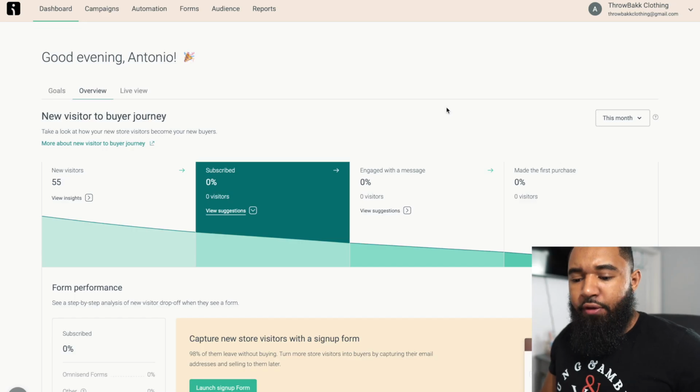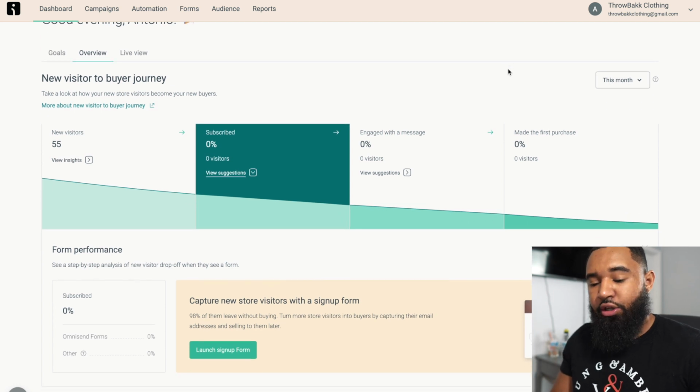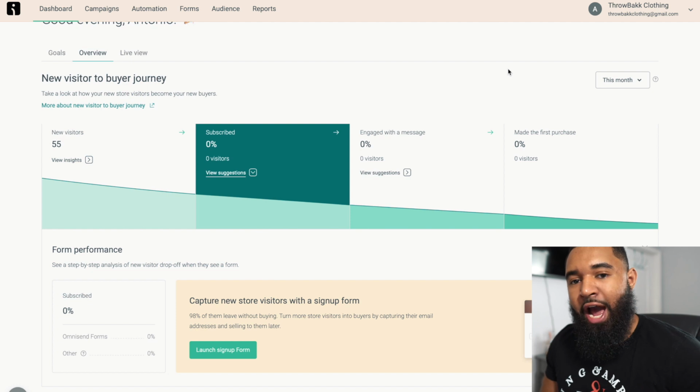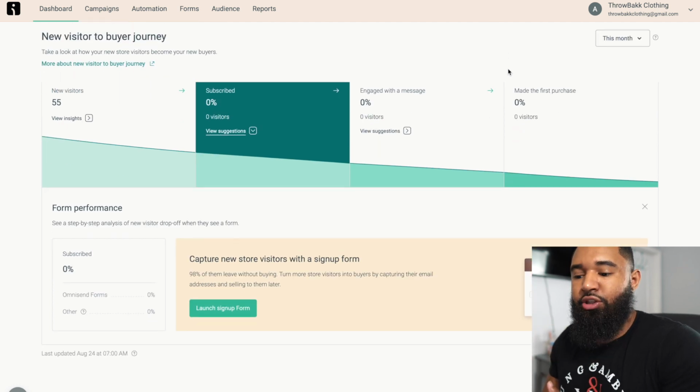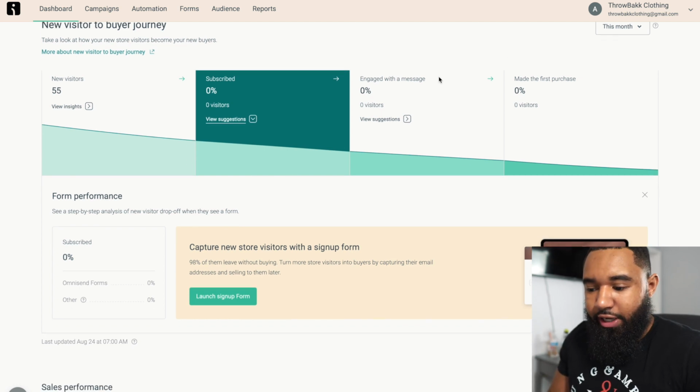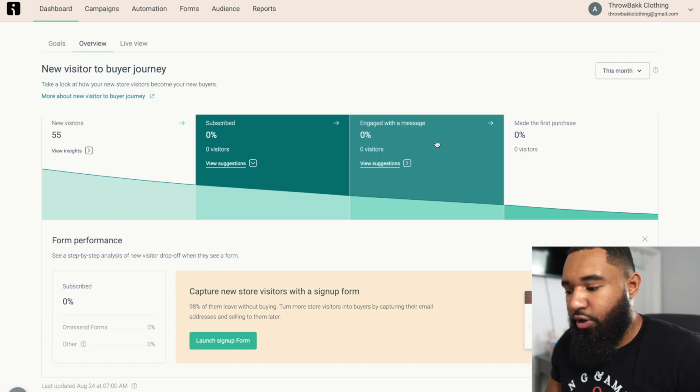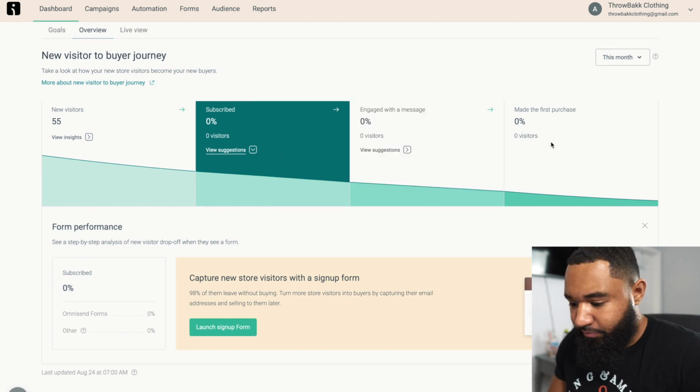One of the first things that you'll notice when you log in to Omnisend is that they give you a really good overview and snapshot of what's happening with your Shopify store and how well your email campaigns are doing and how that translates into you actually making money. When you first look at your overview, it'll go over who subscribed, who has engaged with your campaigns, made a purchase.